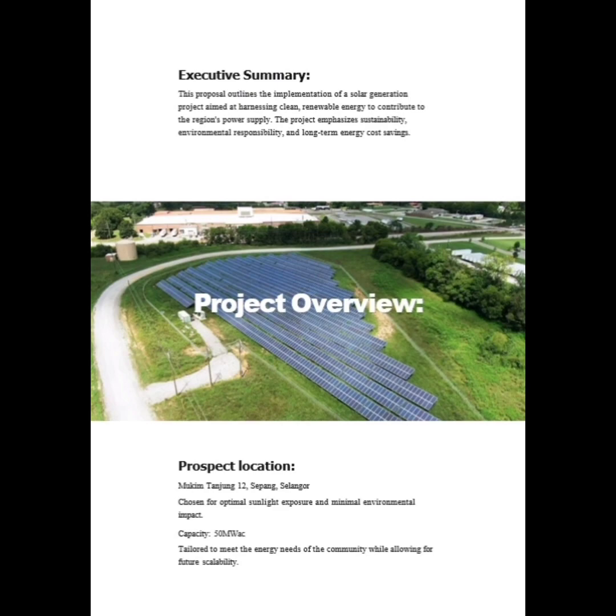Based on our research, the prospect location at Mukim Tanjung 12, Sepang, Selangor, was chosen for optimal sunlight exposure and minimal environmental impact, which can generate electricity with a capacity of 50 megawatts, tailored to meet the energy needs of the community while allowing for future scalability.